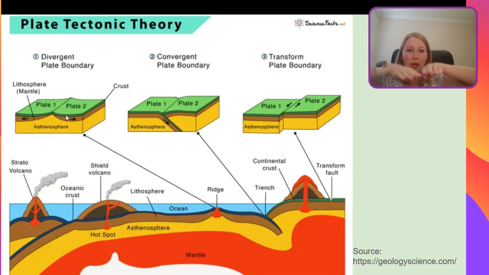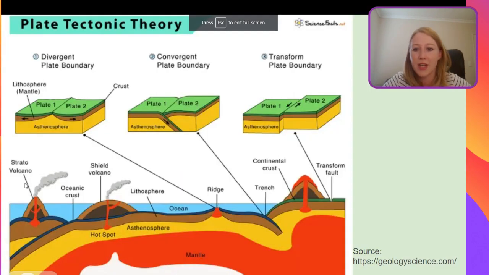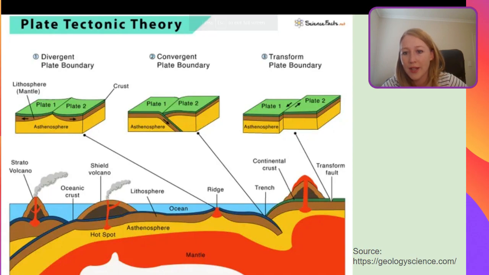A divergent boundary is where you have two plates separating from each other. A convergent boundary is two converging together, and transform is where they are just moving in opposite directions. And I really like this diagram that shows you why we have this movement in the different places. We have new crust being formed.